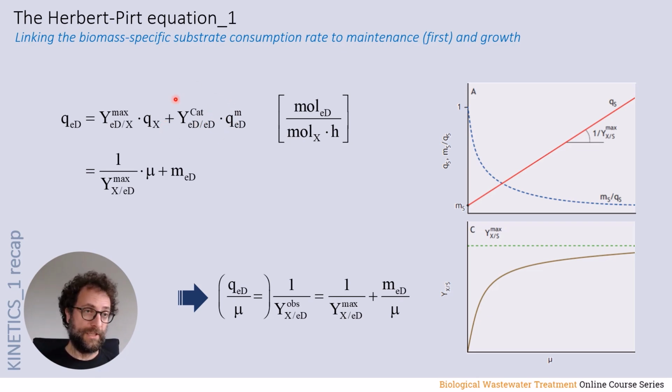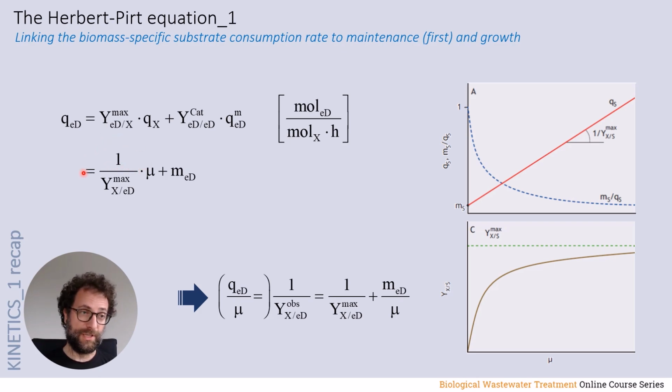These are scaled by their corresponding stoichiometric coefficients, where this is from the catabolism, and this is the inverse of the maximum biomass growth yield that we derived with the Gibbs energy dissipation method.